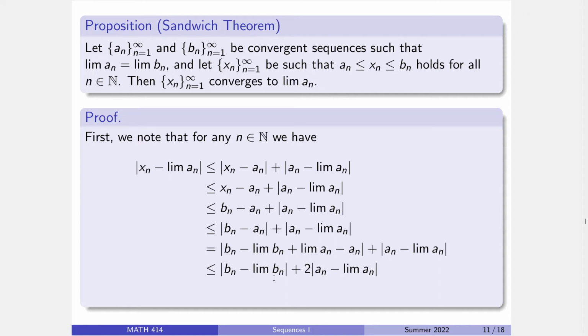Well, now let's start using our hypotheses. x sub n is bigger than a sub n, so their difference has to be not negative, so their absolute value just goes away. x sub n is less than b sub n, so that's how I get this inequality. The absolute value of something is always less than or equal to the number itself, so that's where we get this inequality. And now here I sneak in an add 0, but again, I'm being very clever about how I choose 0.